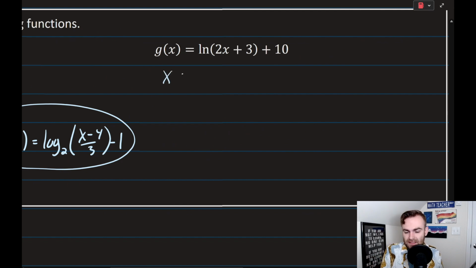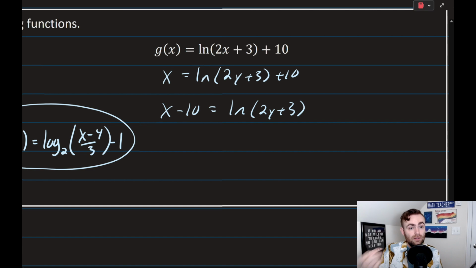So x is equal to the natural log of 2y plus 3 plus 10. We're going to subtract 10. x take away 10 is equal to the natural log of 2y plus 3. Raise both sides to the power of e. So, no. Raise e to the power of both sides. e to the x minus 10 is equal to, e and the natural log would cancel, leaving us with 2y plus 3.